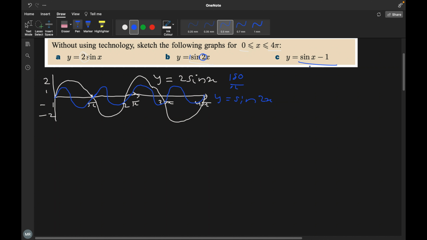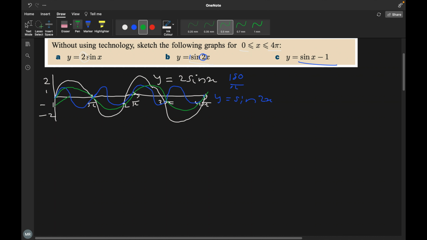Now we'll do sine x minus 1. So first let's draw sine x. Let's draw in green. This is the graph of sine x, and sine x minus 1 would translate downwards.